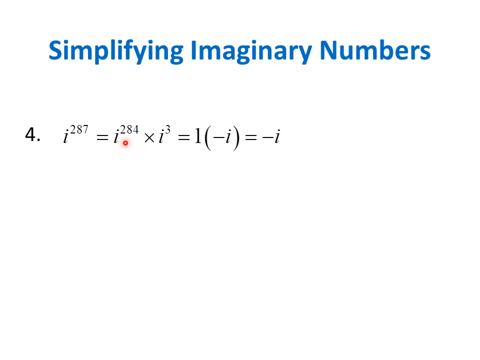Okay, so since 284 is divisible by 4, i to the 284 is automatically equal to 1. And we know that i cubed is equal to negative i. 1 times negative i is equal to negative i.